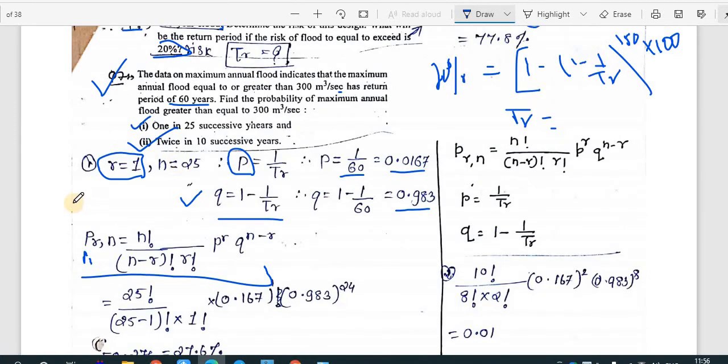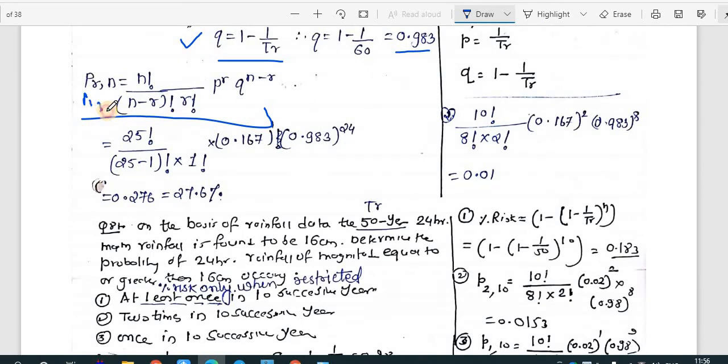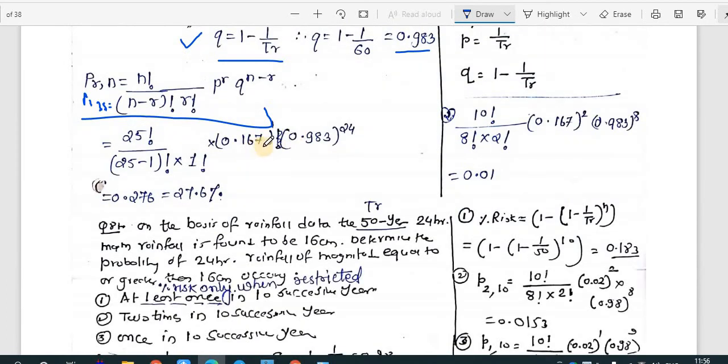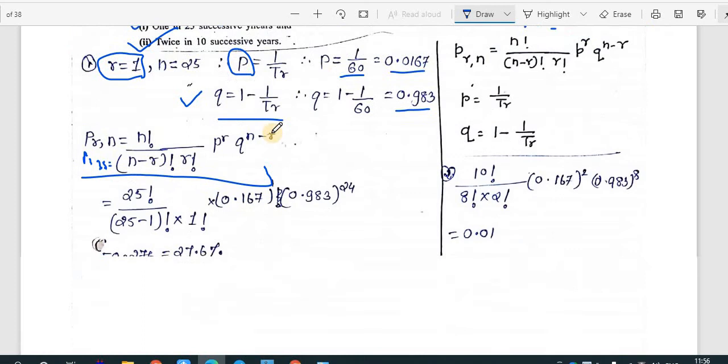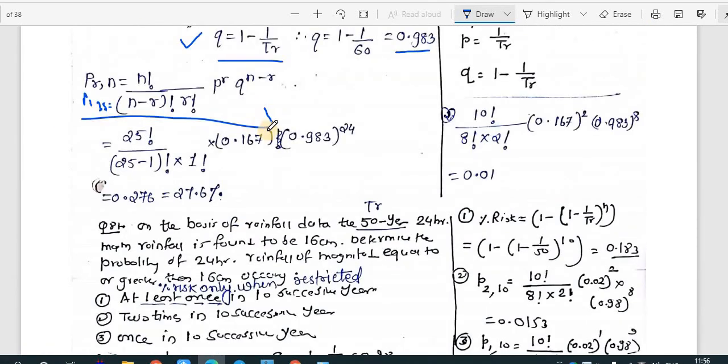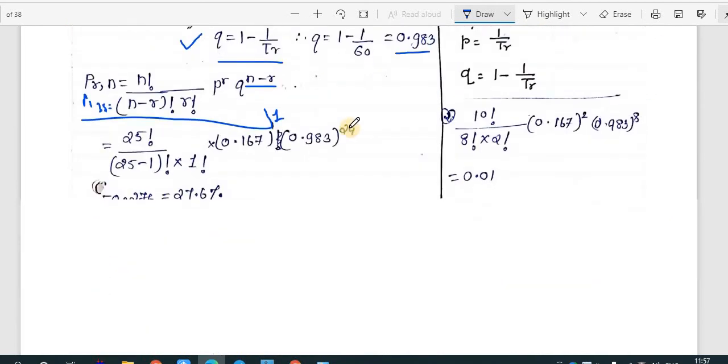N will be 25 years. So it equals 25 divided by (25 minus 1) into 1, into P to the power R. P we have already calculated, P is 0.0167, and R value is 1, so we take 0.0167 to the power 1. And Q value is 0.983 to the power n minus R, so n is 25 minus 1, so it will be 24.